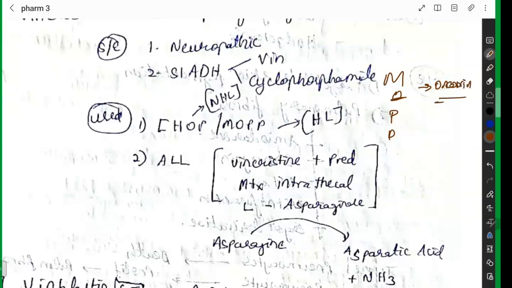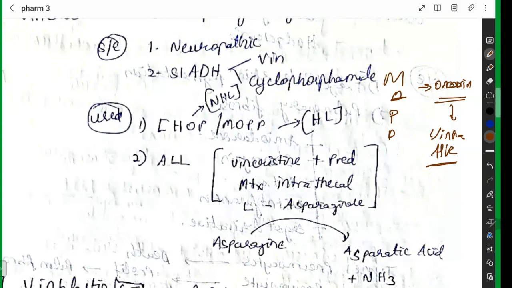This Oncovin is going to denote your vincristine, your Vinca alkaloids. So what are the drugs under Vinca alkaloids? You have vincristine and your vinblastine. Clear, right? So vincristine is used in the CHOP regimen, and in your MOP regimen. And you're also going to use it in ALL. In ALL, you add vincristine along with prednisolone and your methotrexate.